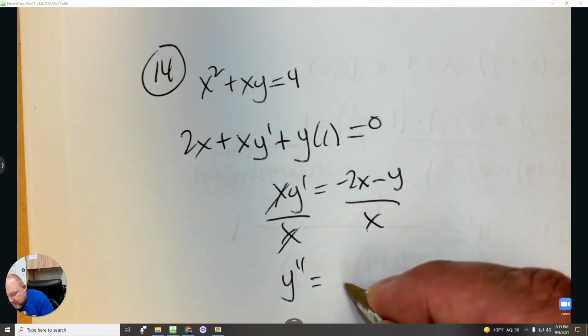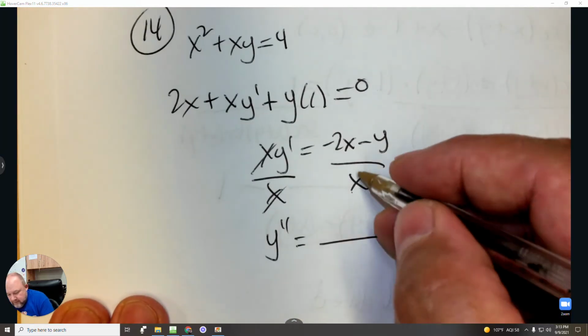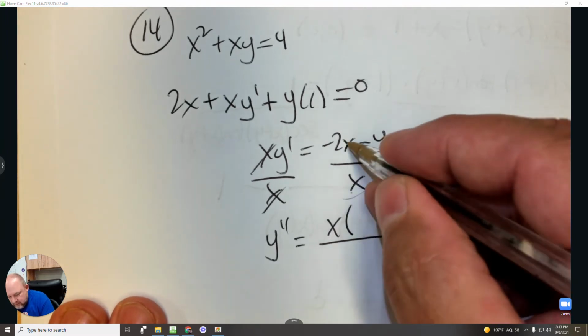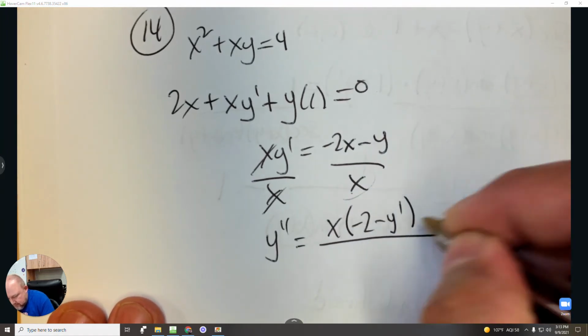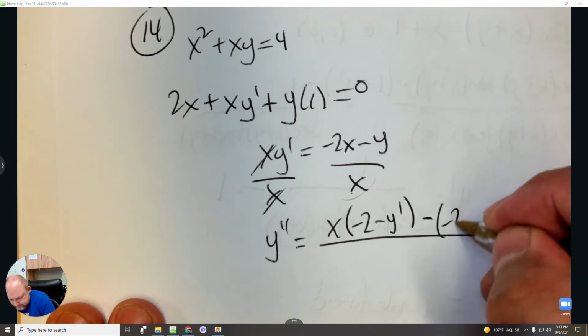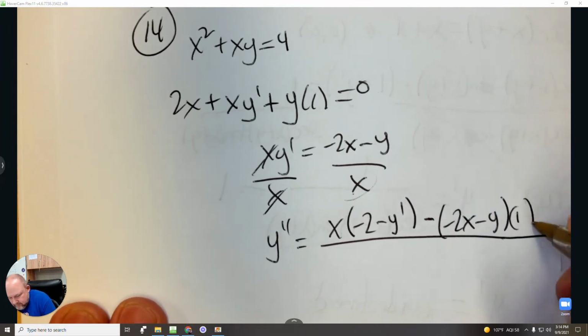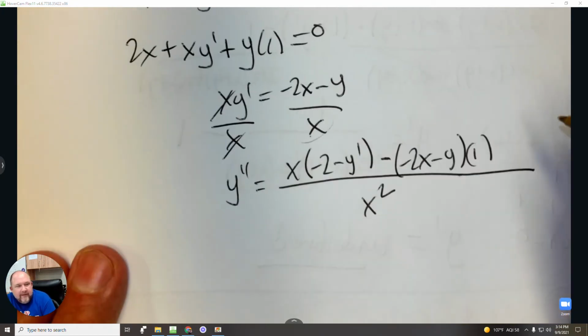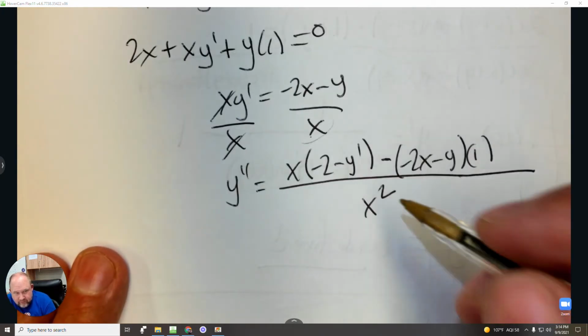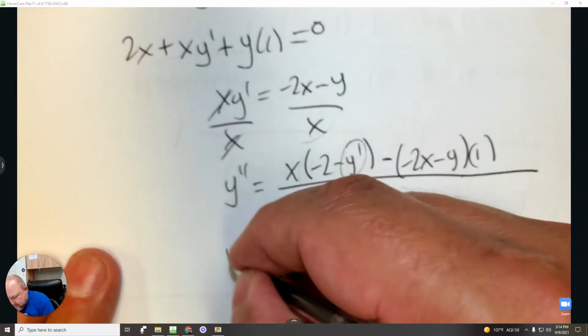The second derivative is going to be the quotient rule. So that's the bottom times the derivative of the top, subtract the top times the derivative of the bottom, and then the bottom squared. To put the answer in terms of x's and y's, I need to replace that.